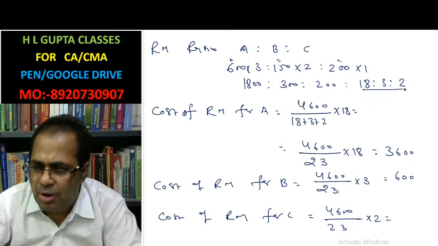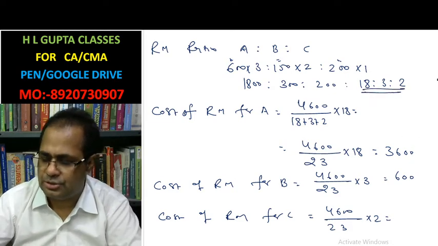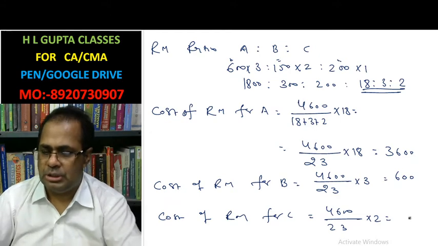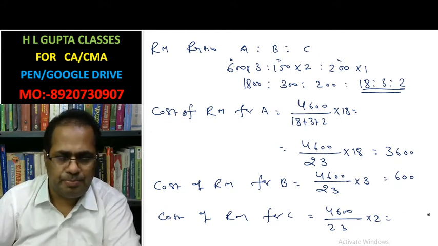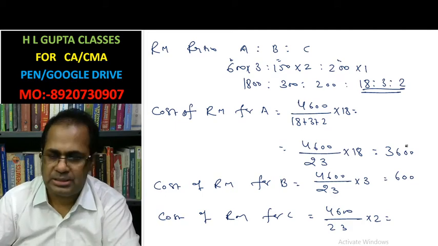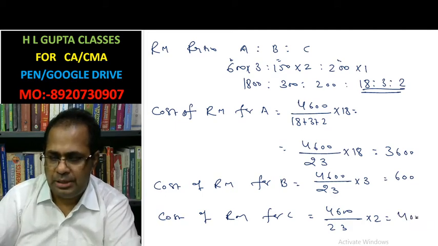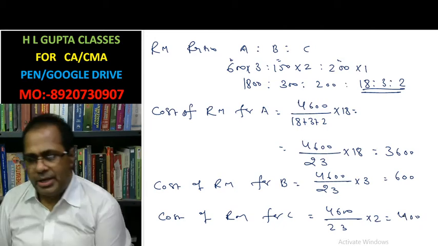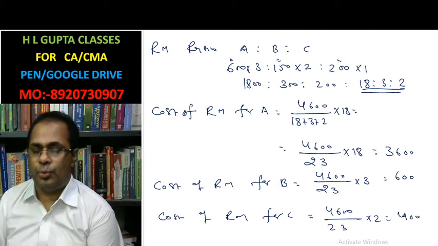In this ratio I have divided. So this is 3600 and this is 400. Exactly the same manner you have to calculate wages.